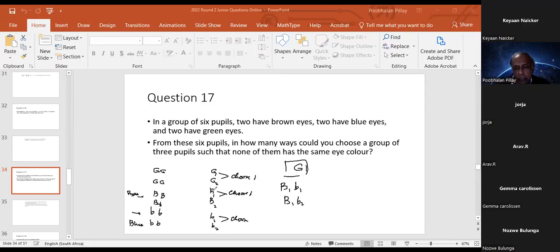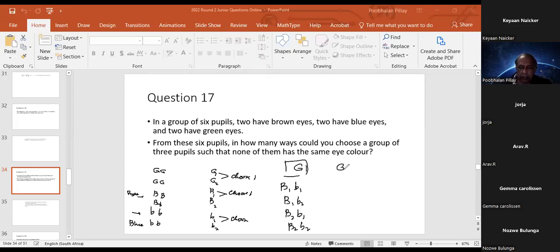I can insist on B1 being one of them, or I can insist that B2 is one of them, and then B2 or the other. So these are the only possibilities that you have of choosing one from here and one from there. Right? So there are 4 with G1.